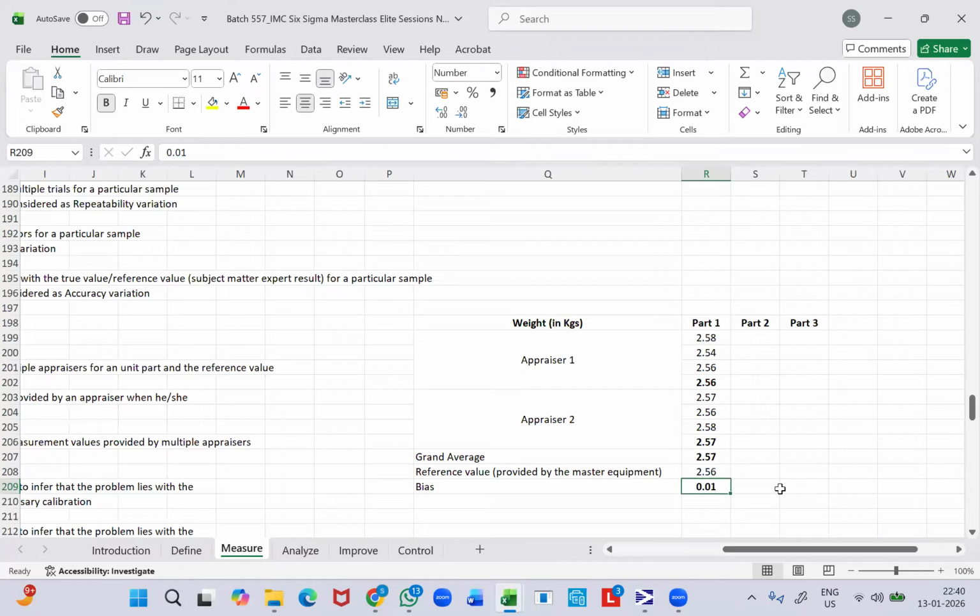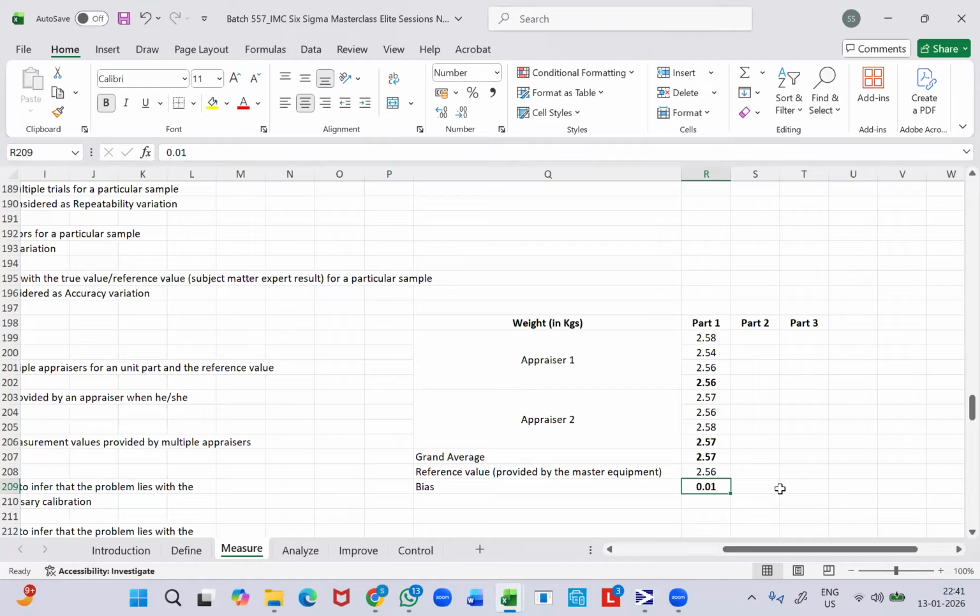But if you do not have the provision to have the sample unit measured by that master equipment in a central laboratory, then we cannot calculate this metric called bias, and we should be happy with the repeatability and reproducibility variation calculations. That itself is more than sufficient. If you're not looking at the accuracy part, then we don't have to really get the sample unit measured by the master equipment.